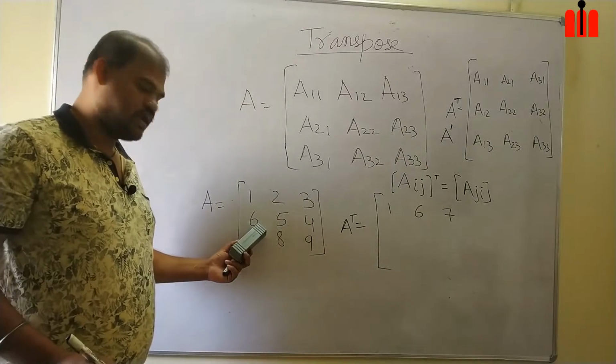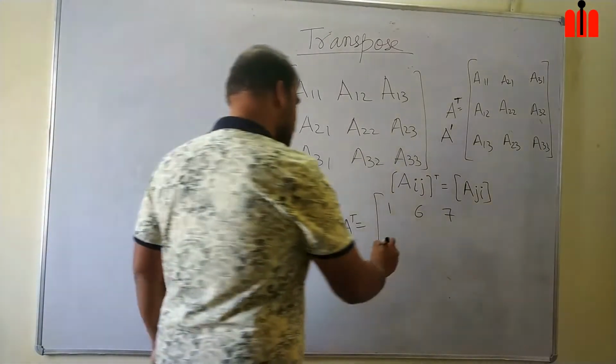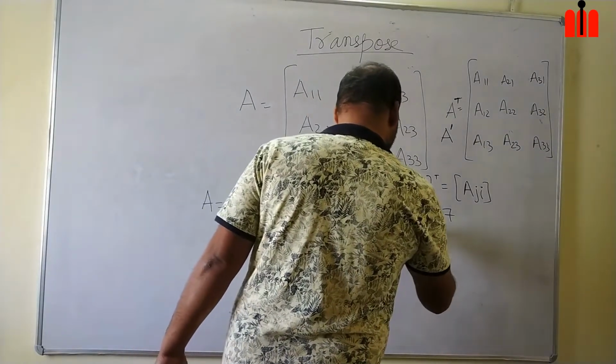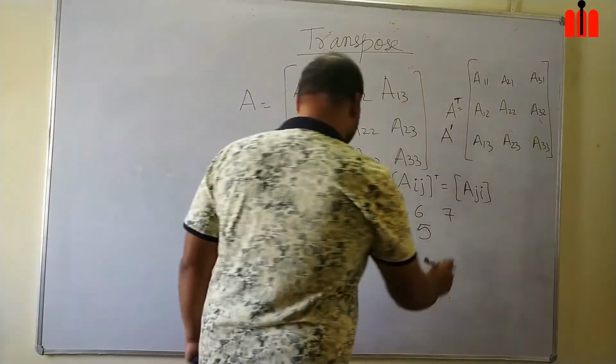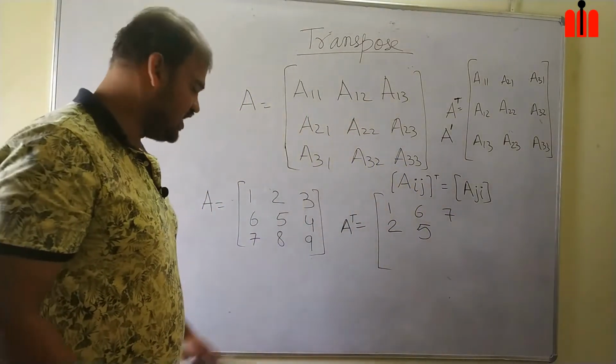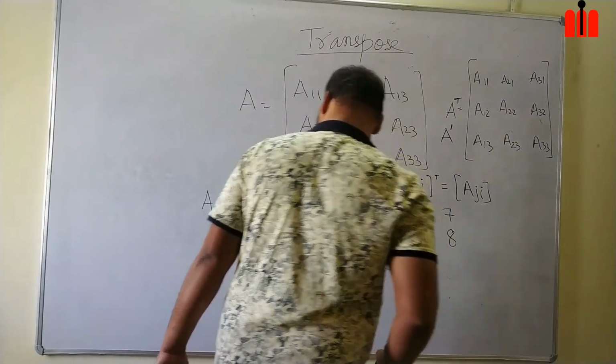A21 will be replaced with A12, so it is 2. 5 is a diagonal element, so it will be unchanged. After that, A32 will be replaced with A23, so here it will become 8.